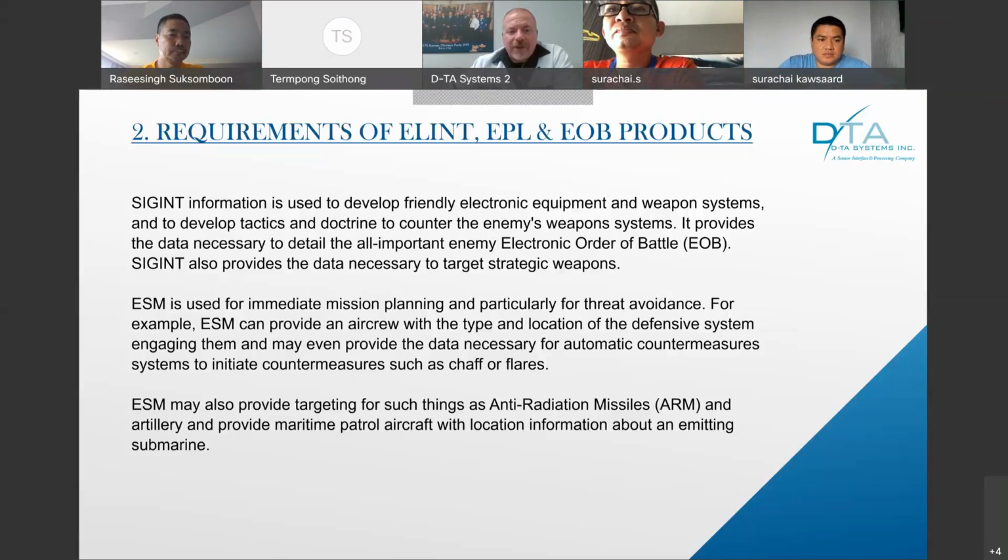ESM may also provide targeting for such things as anti-radiation missiles or ARM missiles and artillery, and provide maritime patrol aircraft or MPAs with location information about an emitting submarine.